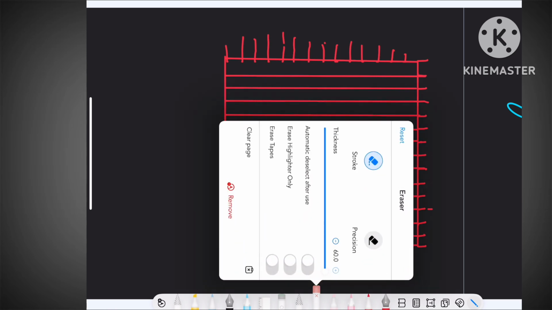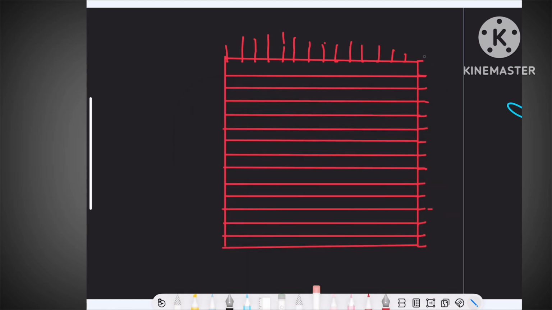Here I am erasing all these lines with this precision eraser.